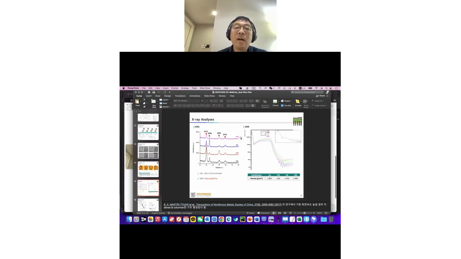So distance and speed are coupled phenomena, and somehow we found a good sweet spot for the deposition.